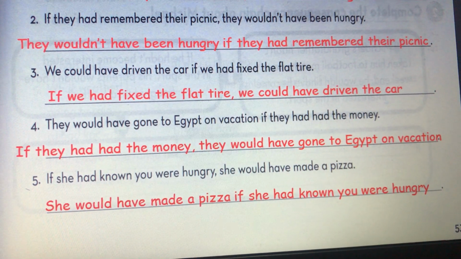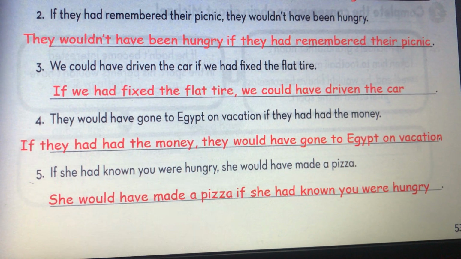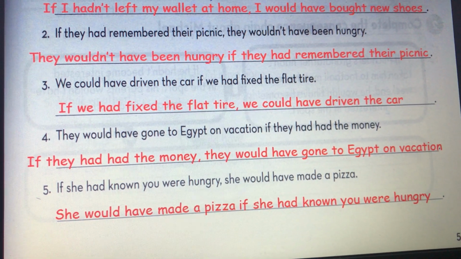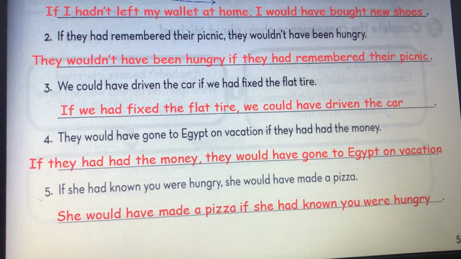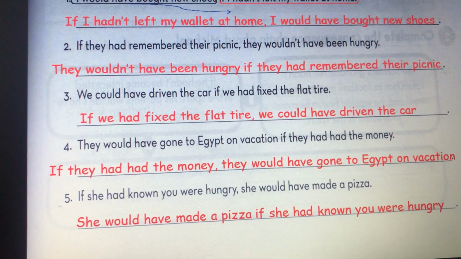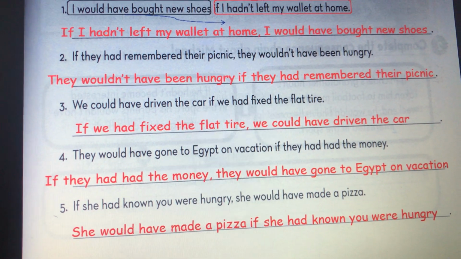She would have made a pizza if she had known you were hungry. So take care. You can start with the main clause, but don't use a comma after that. But when you start with the if clause, you have to use a comma between the two clauses.